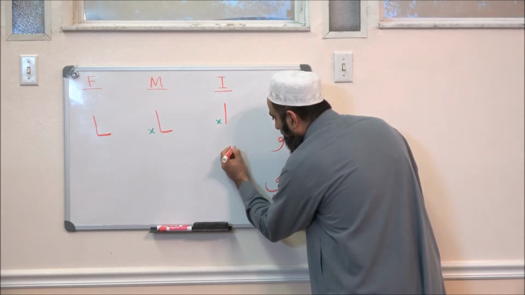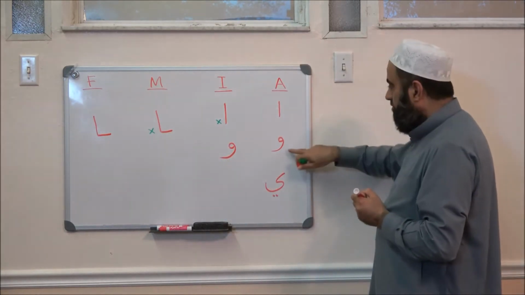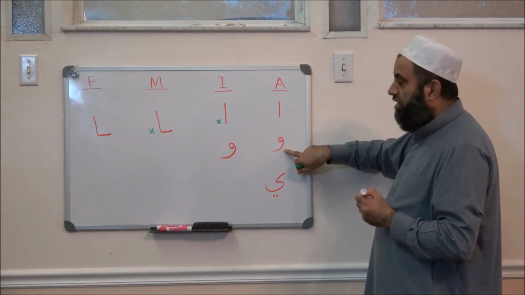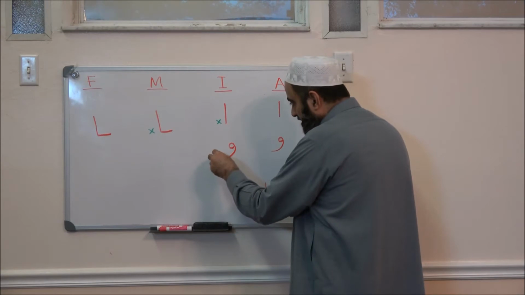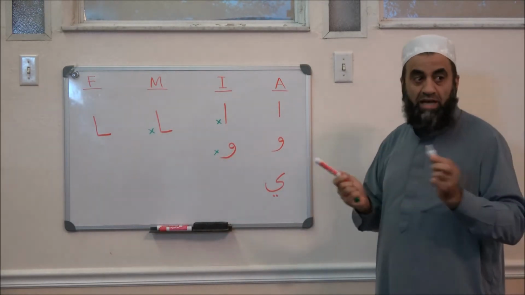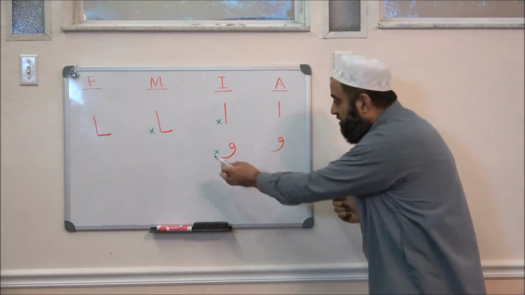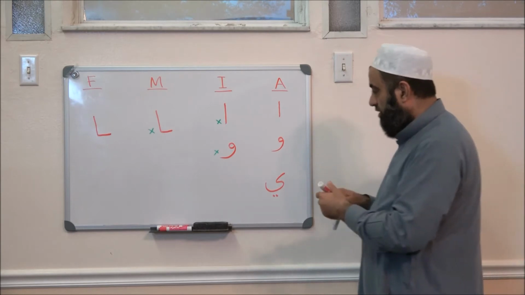So here is my initial form, going to look like the standalone form. And again, this X reminds you that it does not permit connection from the left side. When I write, normally in Arabic, I don't write this X. I'm just putting it to remind us for that.